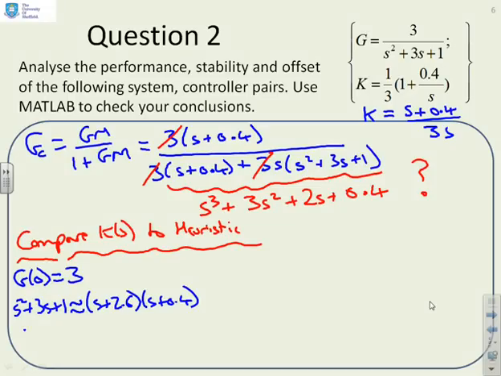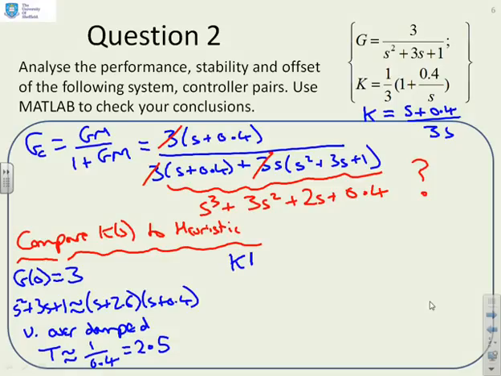Now this is very overdamped. You'll see you've got two real roots, and they're quite widely spaced. And therefore I'm going to take the slowest and say that t is therefore going to be approximately 1 over 0.4, which is 2.5. So I use that for the heuristic.